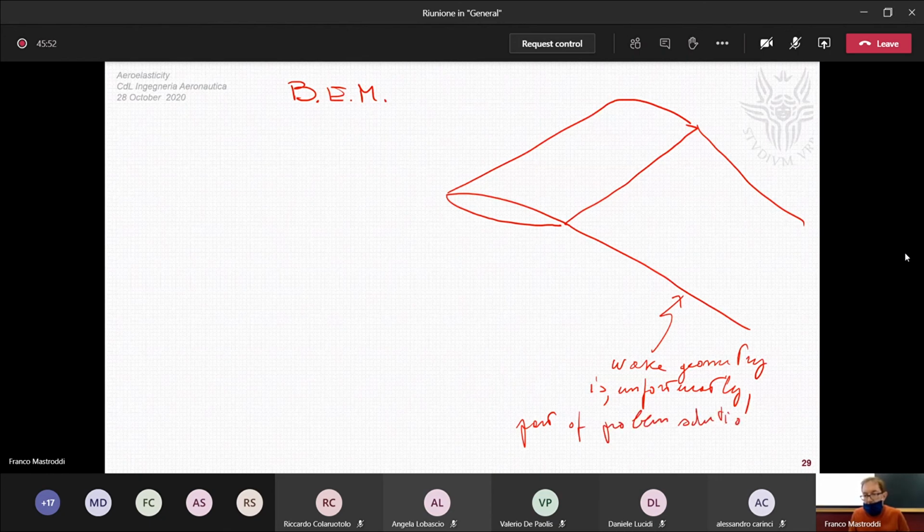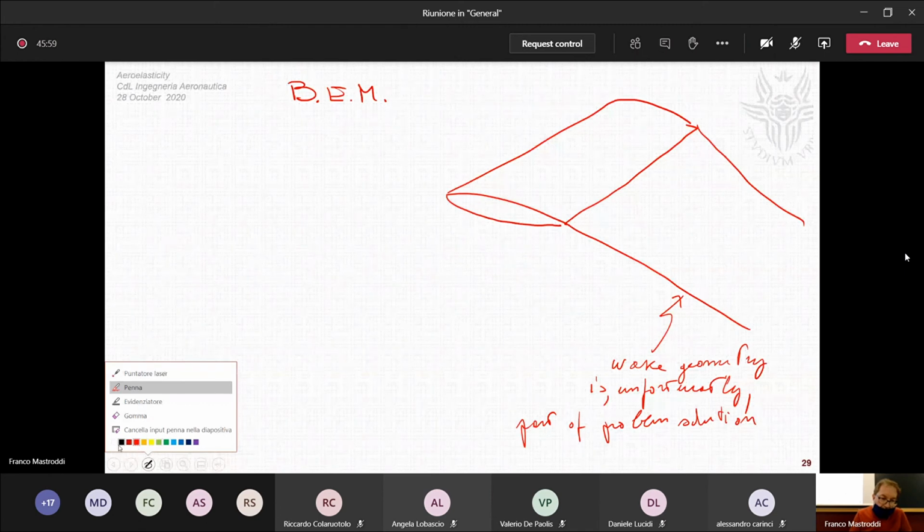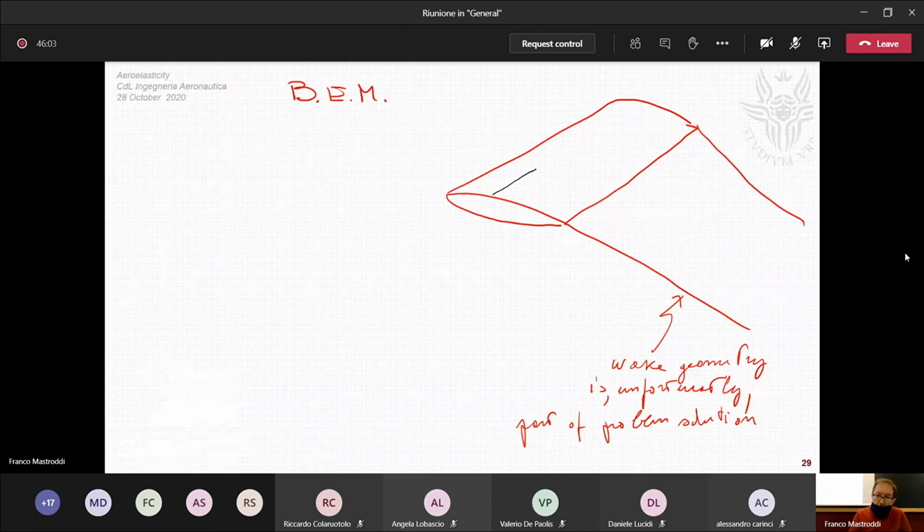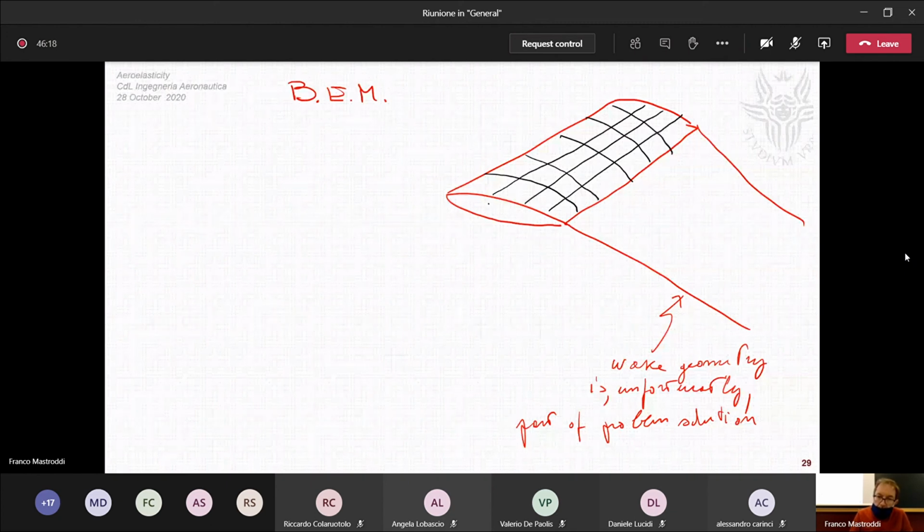Okay, so I have a problem like this, and I want to space discretize the problem by a mesh like this. I want to subdivide the domain in panels. I am subdividing the problem in panels like this, and also the wake in panels.